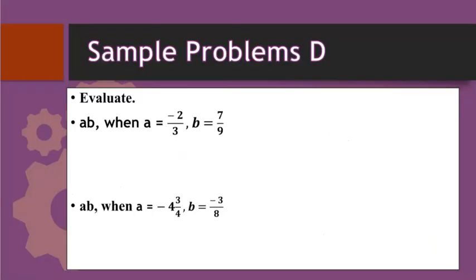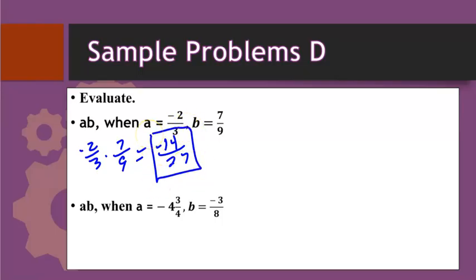And our last few, we're going to be multiplying these fractions, so we got -2/3 times 7/9, which is going to give us -14/27, and there's no common factor in the numerator and denominator, so that would stay as our answer.